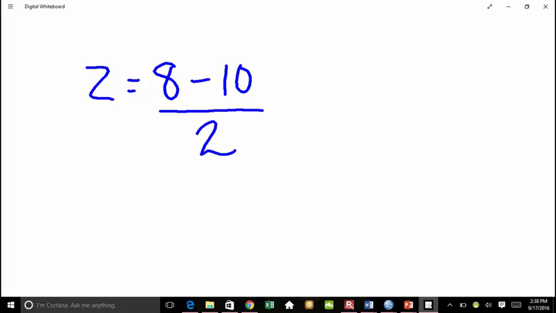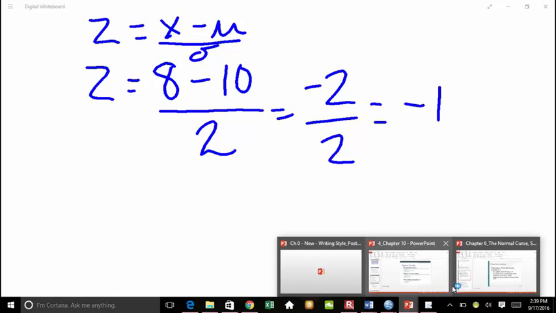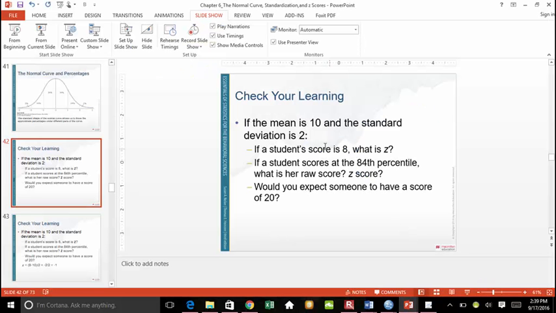So z is equal to x minus mu over sigma. So now we've got negative 2 over 2, which is a z-score of negative 1. What does that tell us? That person scored 1 standard deviation below the mean. The mean is 10, yep, and she got an 8, 1 standard deviation below the mean.